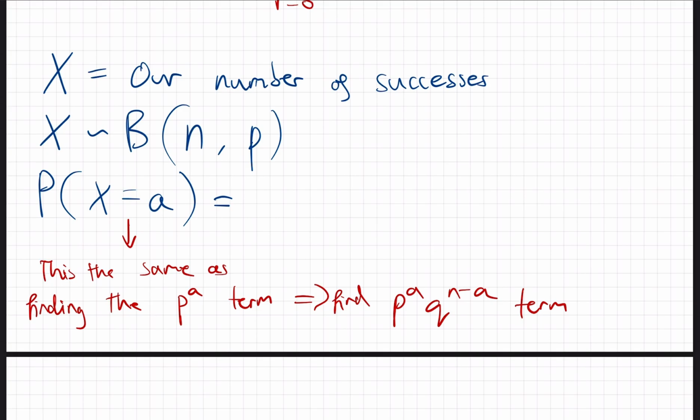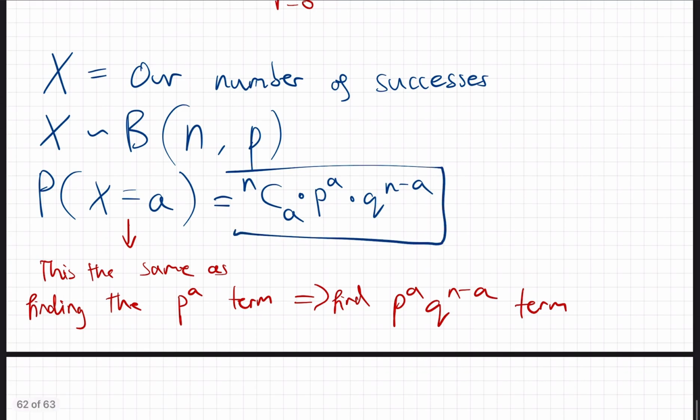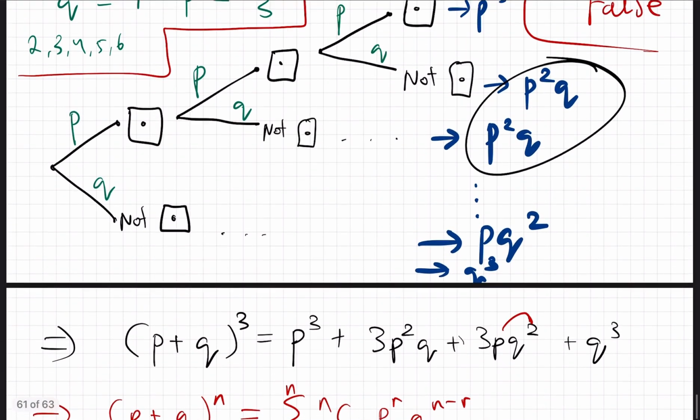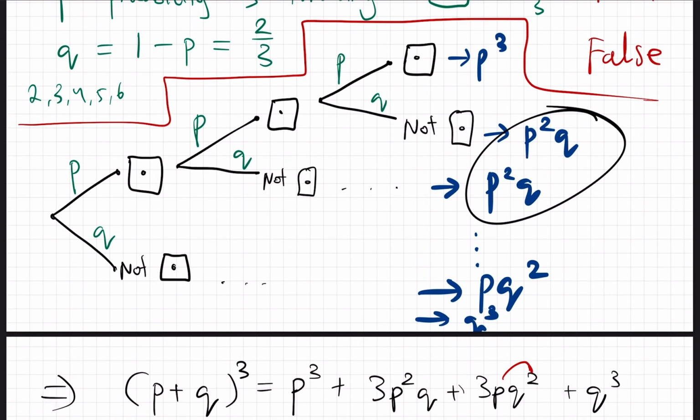So the probability x is equal to a is equal to nCa times p to the a multiplied by q to the n minus a. And that is where this binomial distribution definition comes from. We're basically trying to find this nCa constant, which gives us the number of times this p squared q, or whatever term we're looking for, comes up in this tree diagram.